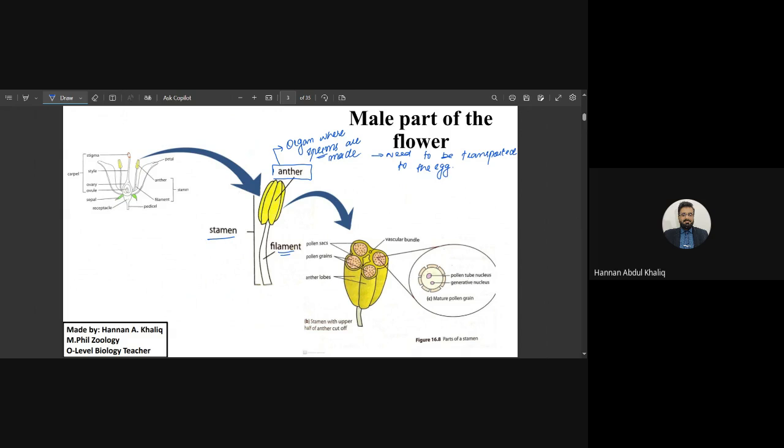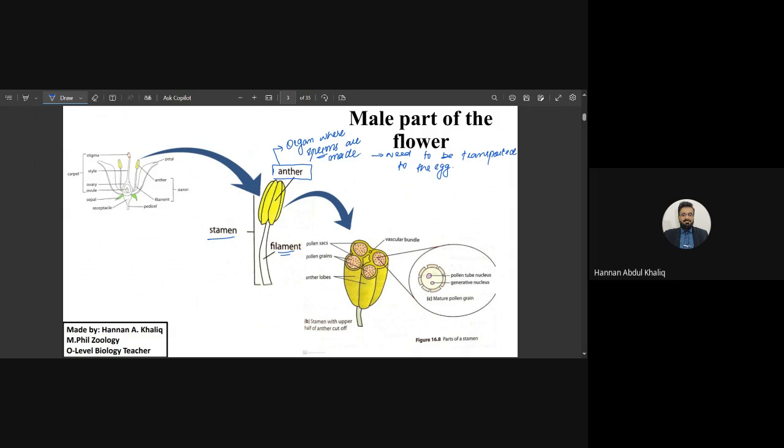Remember that there was a time when the plants used to use water to release the sperm, and the sperm would just travel through the water, entering into the egg. But that phenomenon is working no more.